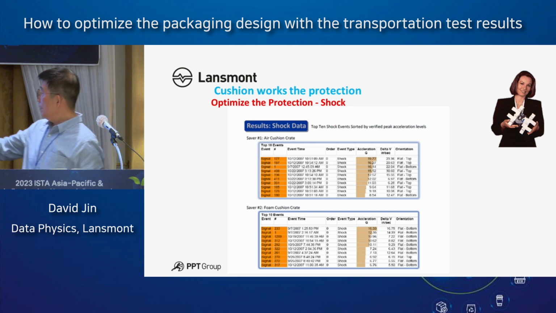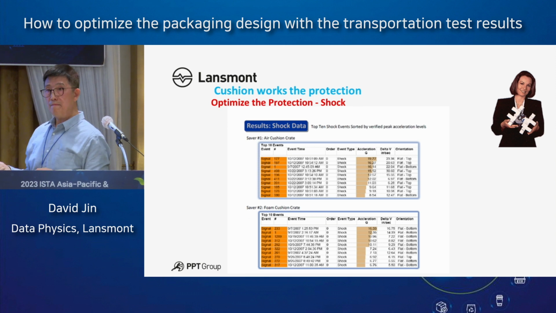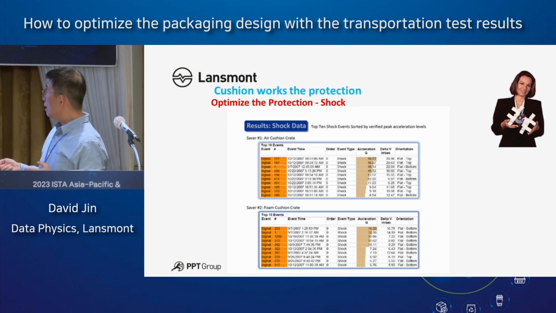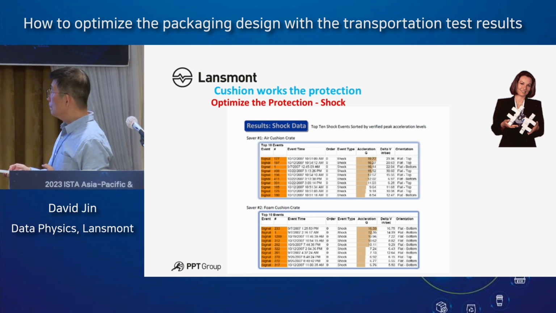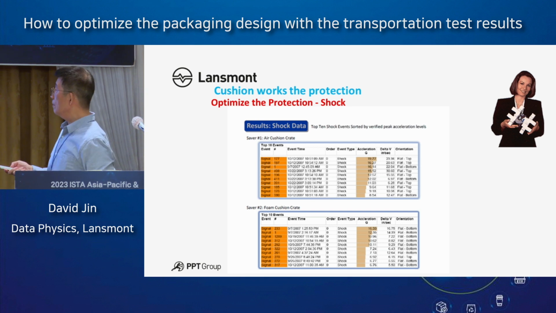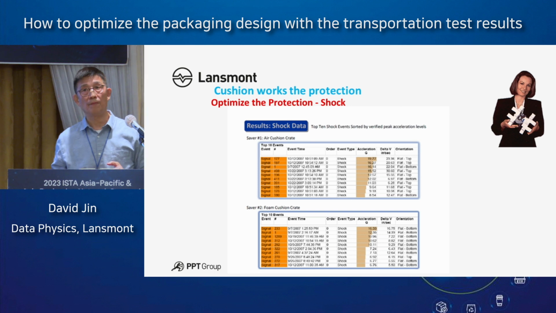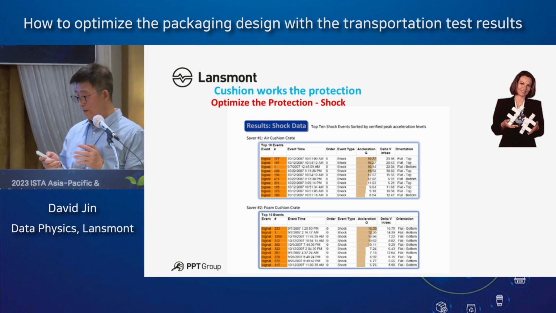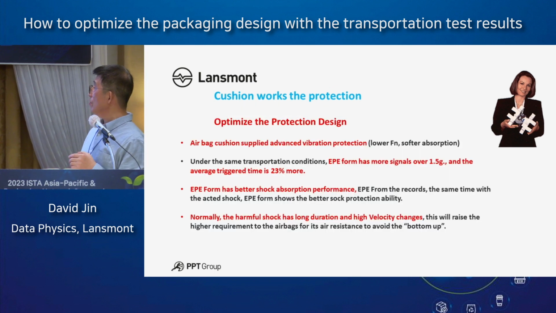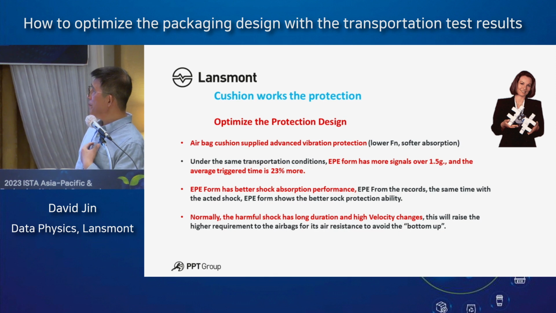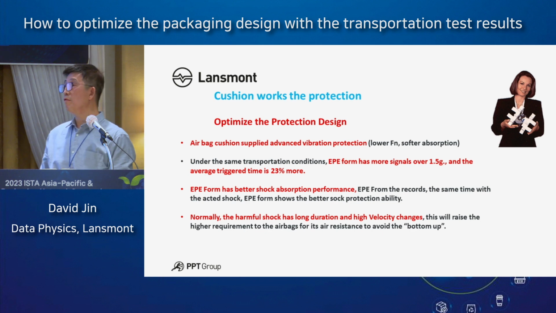So we'll see, with the same time map, the same time being shocked, you can see the two boxes have different reactions. So this is something we found. So we have the conclusion. Airbag supplies advanced vibration protection, but EPE foam has better shock absorption performance.